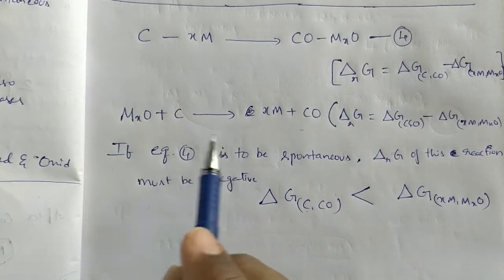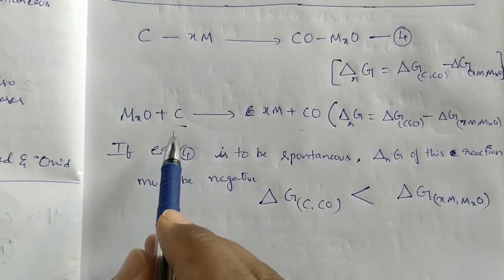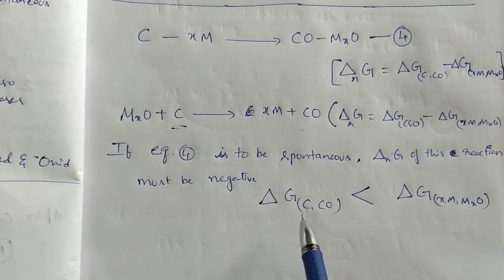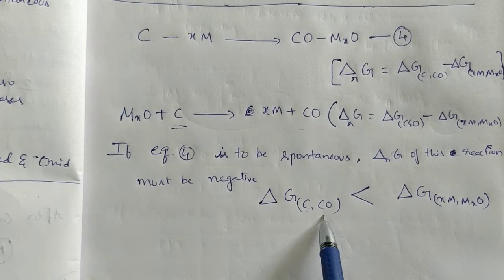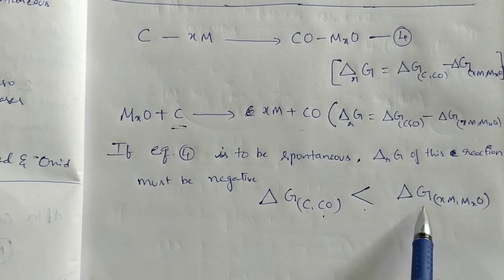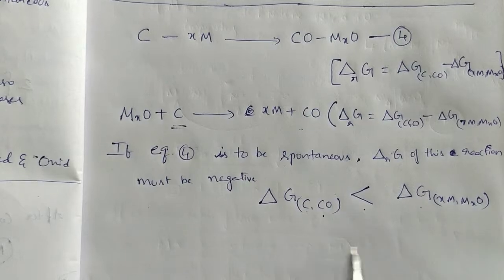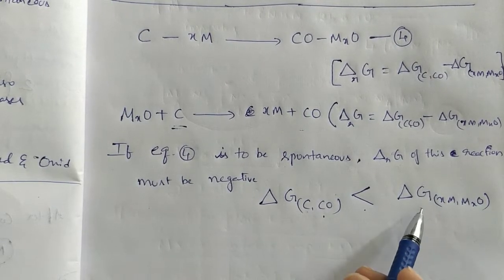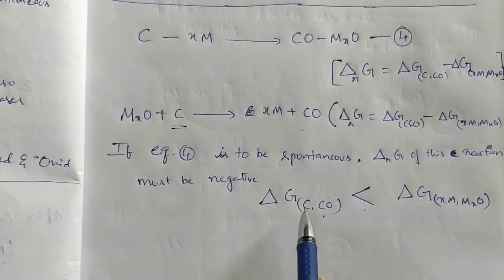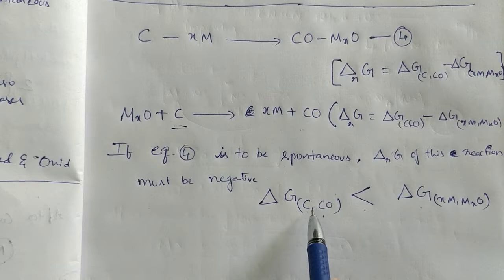Is it right? And we can select carbon as a reducing agent when delta G of C comma CO is less than delta G of XM comma MXO. Then only we can say carbon is a suitable reducing agent. Is it okay, ma?